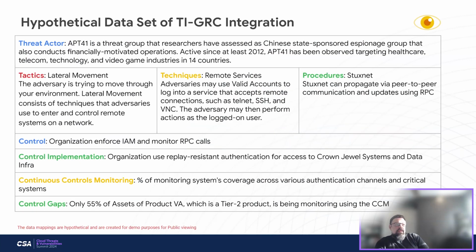We're going to leave this to folks to drive through and review at your own pace. This is just an example of how the data would be structured in terms of documenting and establishing the relationships between these various data elements.